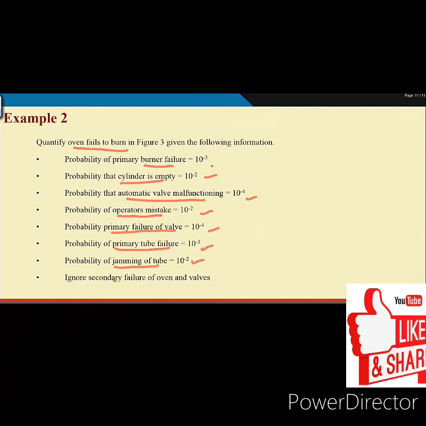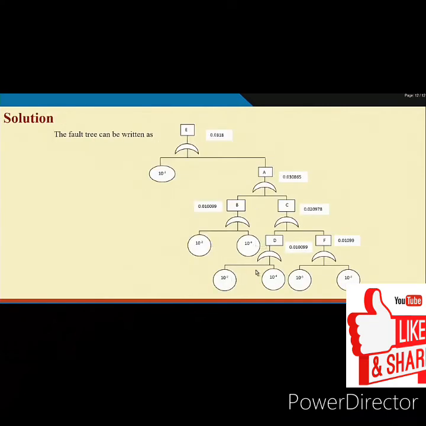We ignore secondary failure of oven and valves. Under this condition, your fault tree is this. All the basic event probabilities are given.